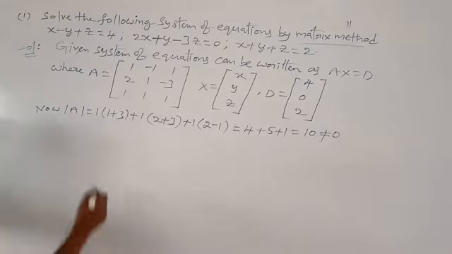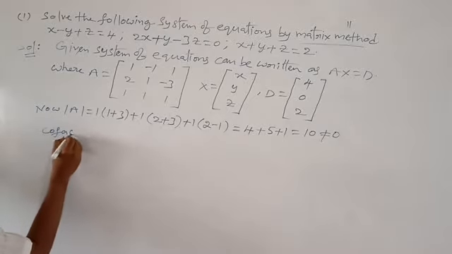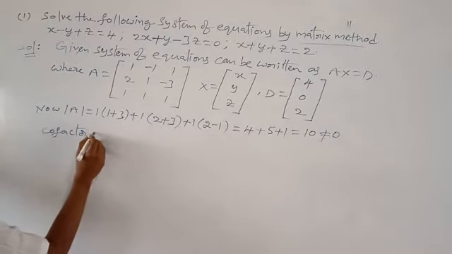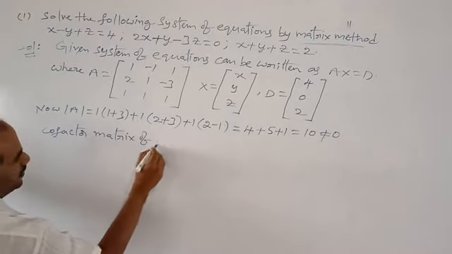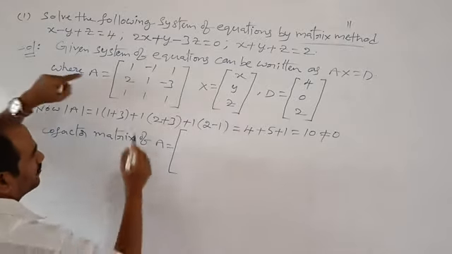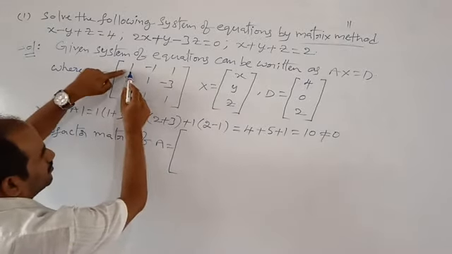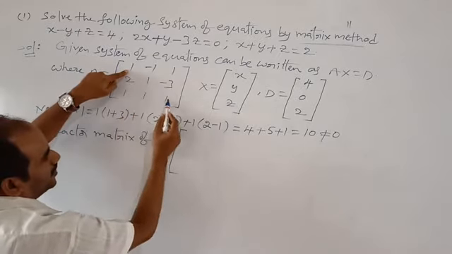So next we calculate the cofactor matrix of A. Cofactor matrix of A is equal to, see this cofactor matrix, first row. The first element, cofactor of 1: delete this row and this column, then AD minus BC.